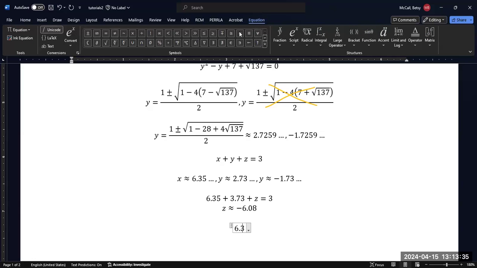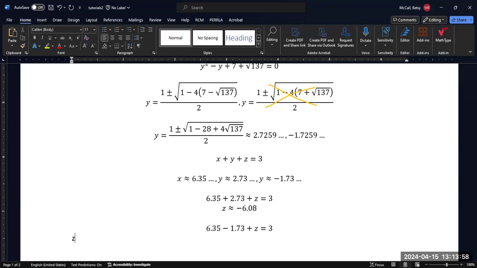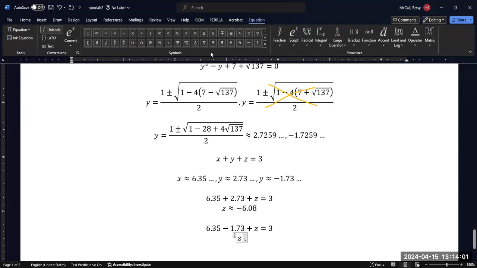And if I put in x is 6.35, minus 1.73 for my other y value plus z is equal to 3, I end up with z approximately 3 minus 6.35 plus 1.73, which is going to get me about negative 1.62.